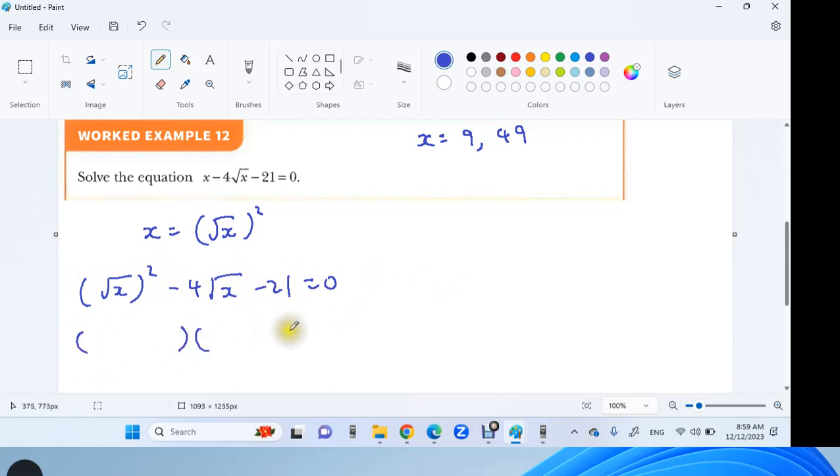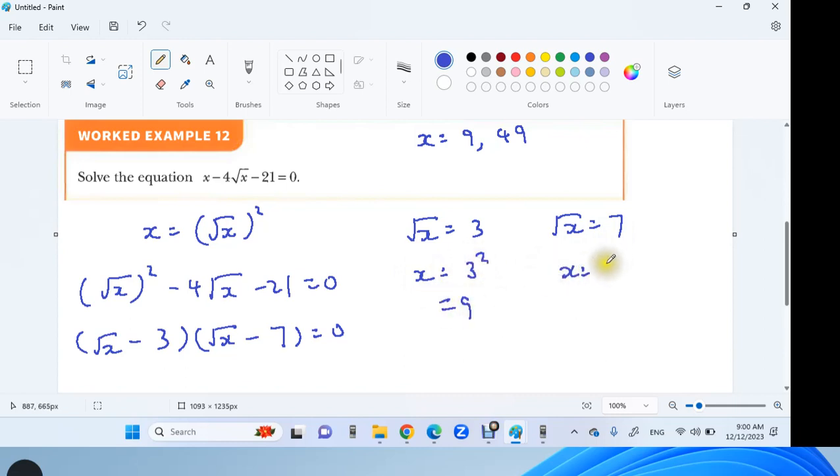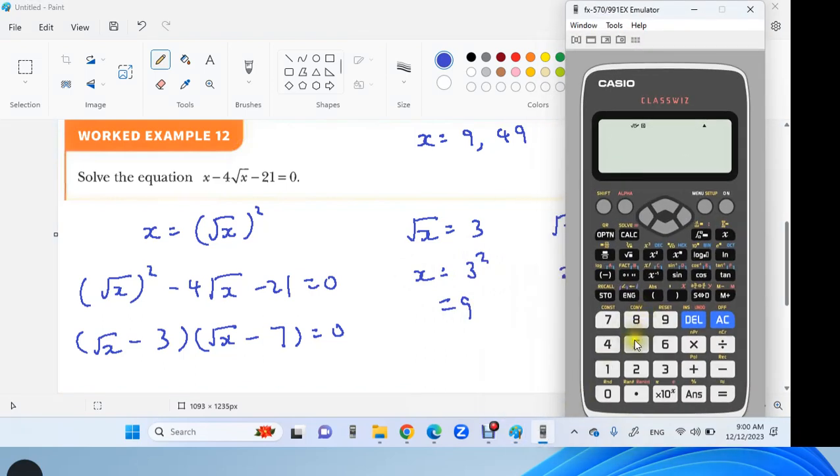Then we open the bracket: square root x minus 7 and square root x plus 3. So we have square root x equal to negative 3, wait, both is negative 3. Okay, so square root x equal to negative 3 and square root x equal to 7. Then x equal to 3 squared, that is 9, and x equal to 7 squared, that is 49. So you can check the answer.